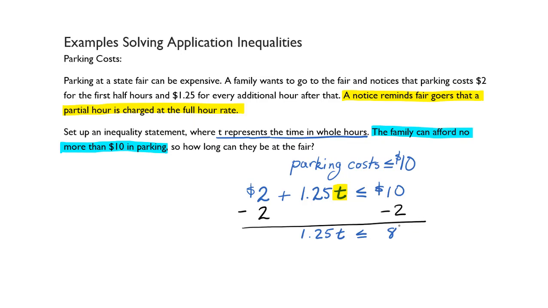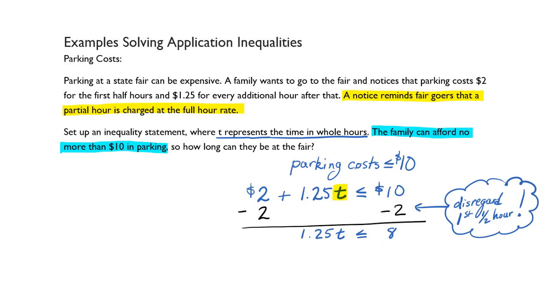And this is great because now we can figure out how many full hours we can be at the fair in addition to that first 30 minutes. So we are disregarding the first 30 minutes in this next piece. We'll worry about it at the end, but for now we're just calculating the full hours.